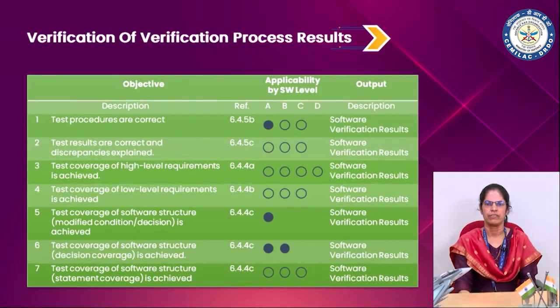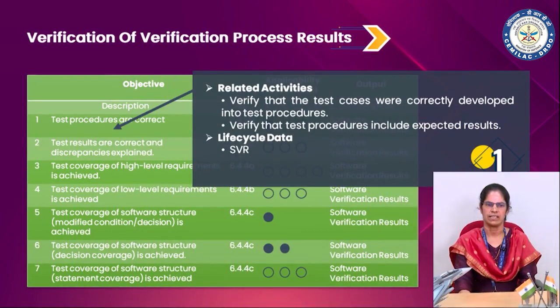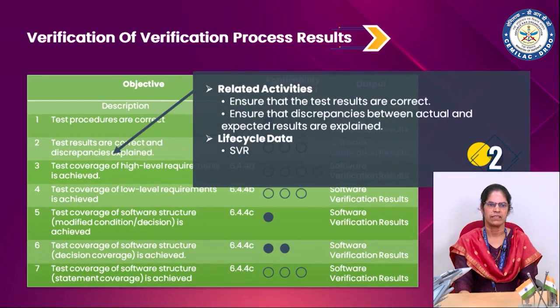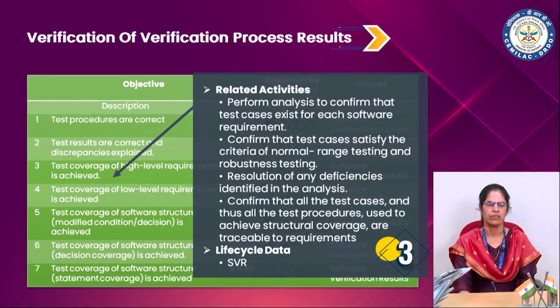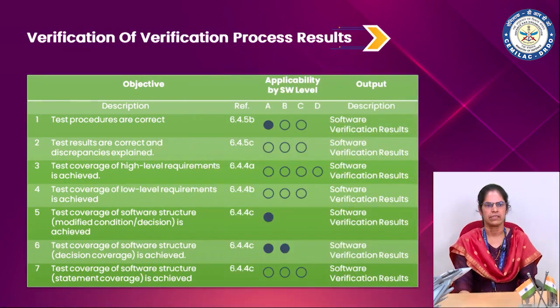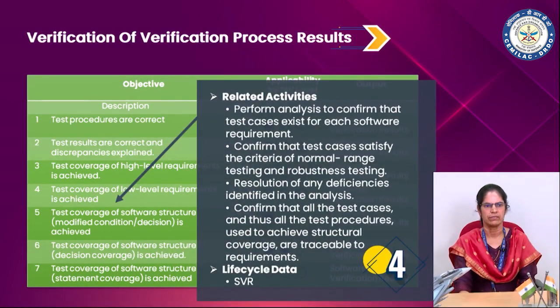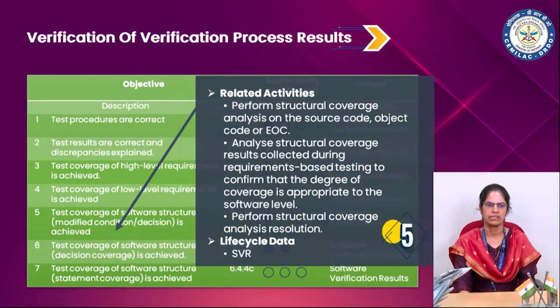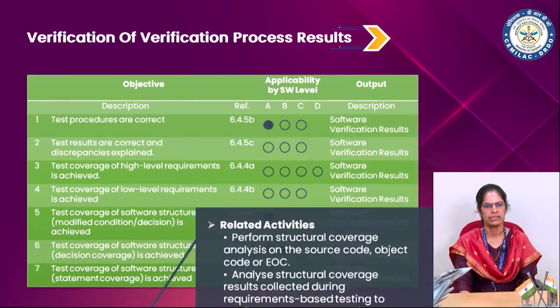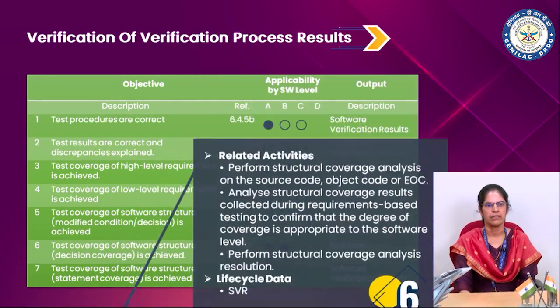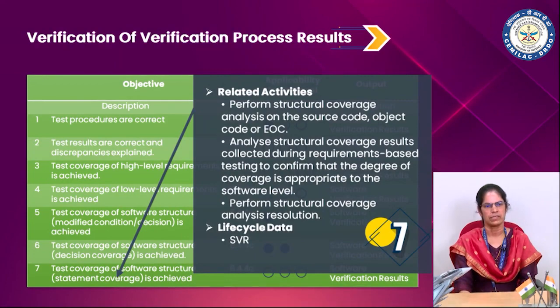The objectives of verification process results are: test procedures are correct, test results are correct and discrepancies are explained, test coverage of high-level requirements is achieved, test coverage of low-level requirements is achieved, test coverage of software structure is achieved, test coverage of software structure in terms of decision coverage is achieved, and test coverage of software structure in terms of statement coverage is achieved. So now shall we discuss some test case criteria?